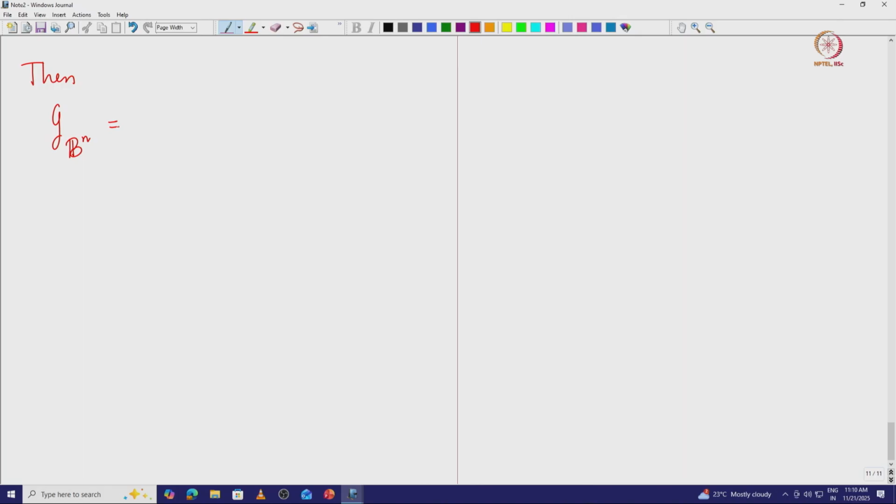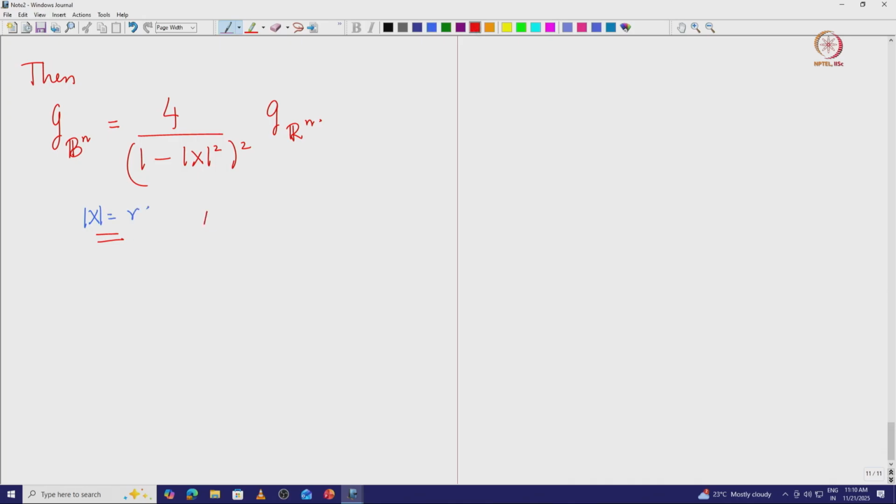So remember the Poincare ball metric, it is basically just 4 by (1 minus |x|^2) squared times the Euclidean metric. Okay. So that is basically equal to, so you put |x| to be the Euclidean distance r.